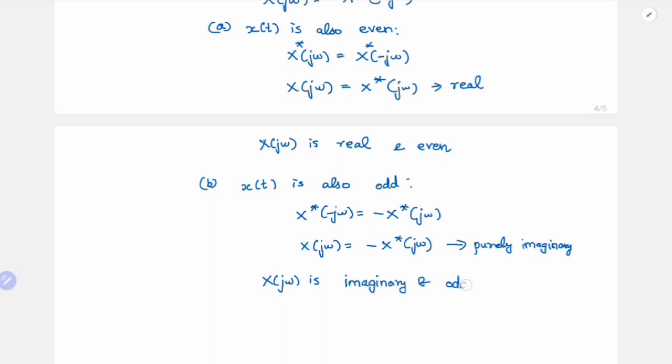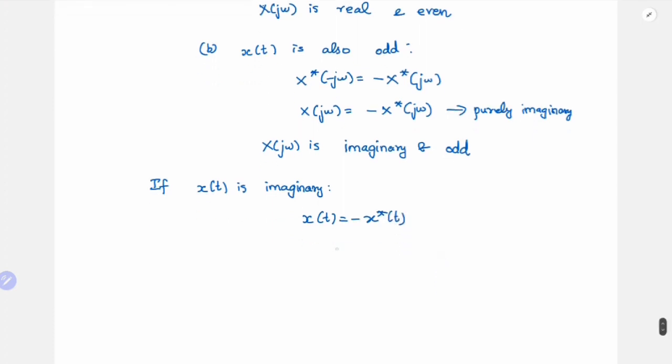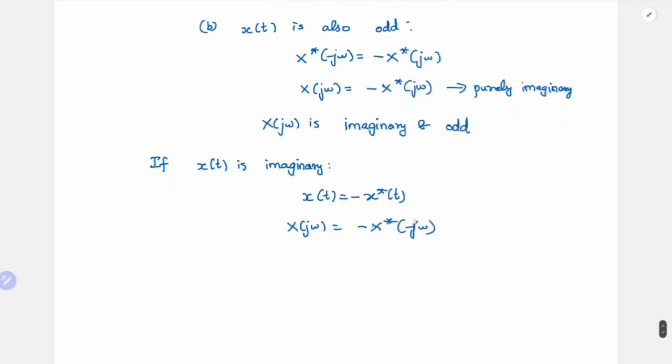In the next case, if x of t is imaginary, we have x of t equal to minus x star of t. So x of j omega is equal to minus x star of minus j omega, right? Again here, if x of t is even, what do we have?